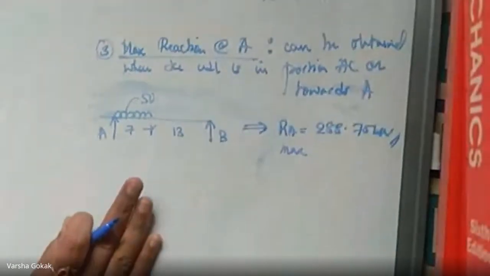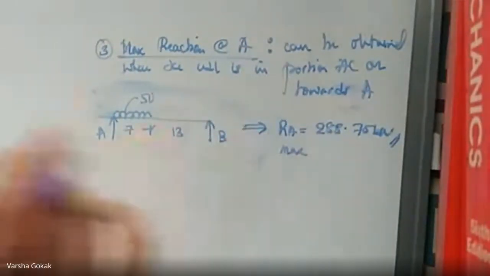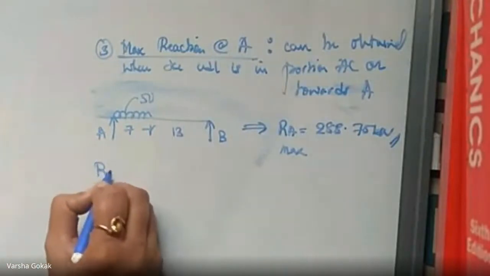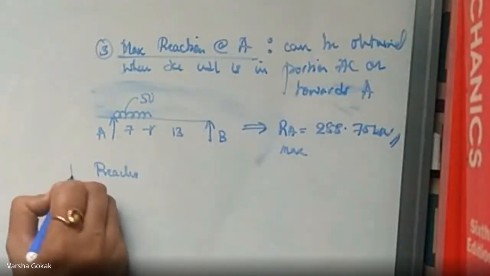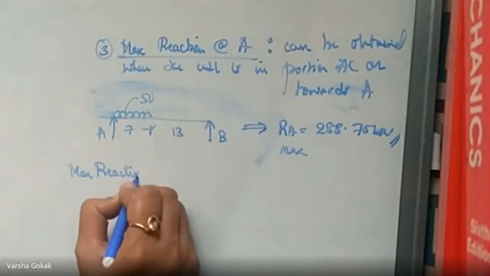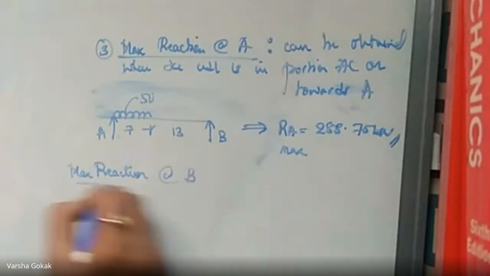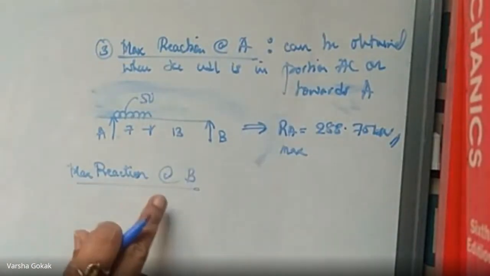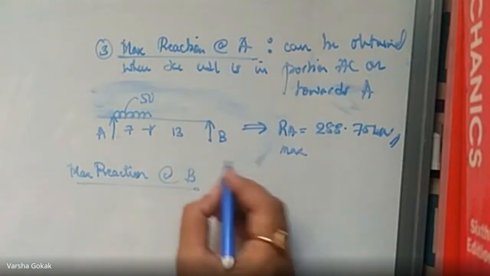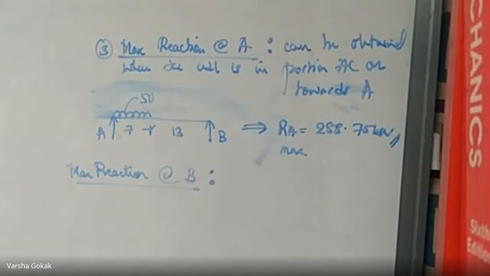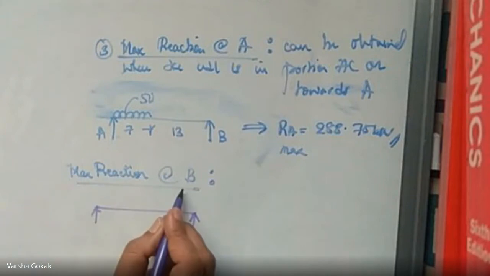Okay. Now, when I'm talking of maximum reaction at B, say maximum reaction at point B, I want to calculate. So when I'm calculating for maximum reaction at B, where should I place the load, please? Where should the load be placed to get the maximum reaction at B?